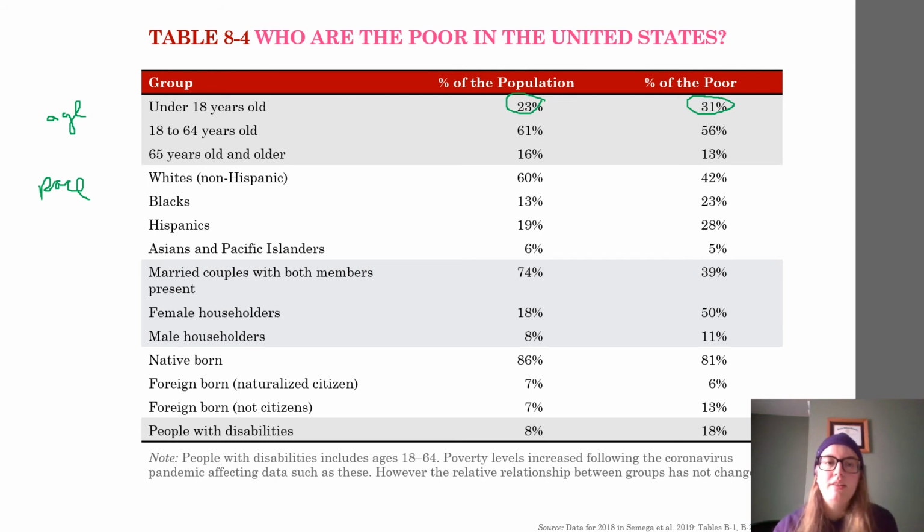Reading regarding age, people who are 18 to 64 years old make up the biggest age range of the poor. They make up about 56% of the poor, which makes sense because that's a big group and a lot of people are of that age.